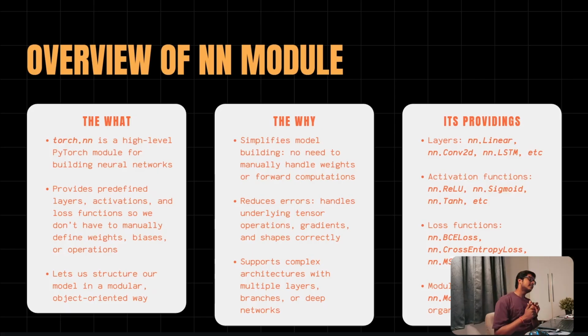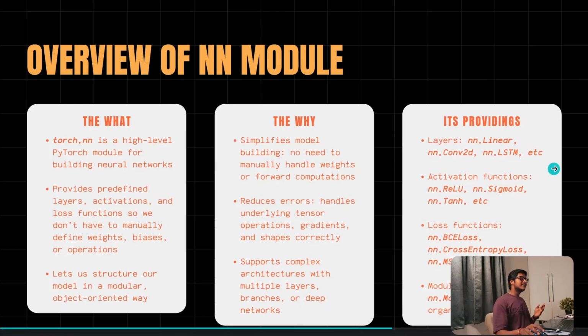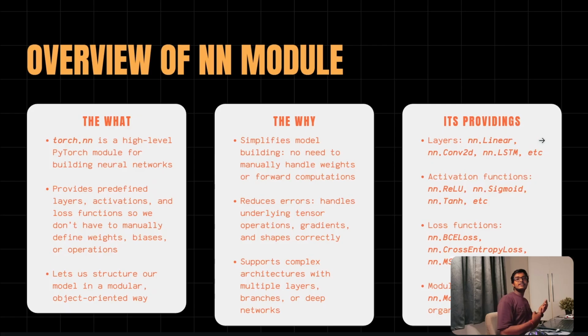And using this NN module, we can easily build deep neural networks with much more complexity, which can easily scale over time. So just to reiterate, this NN module provides us layers like linear layers, batch normalization layers, layer norm, RMS norm. It provides convolutional layers, max pooling, LSTM layers, RNN layers, and much more.